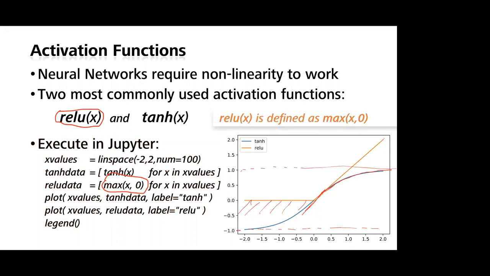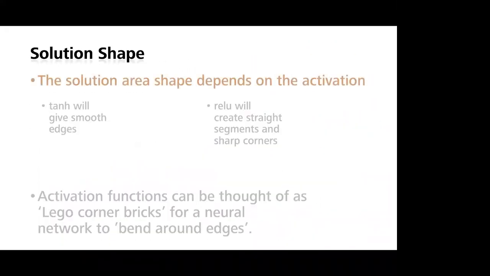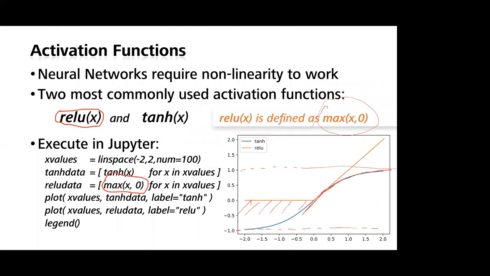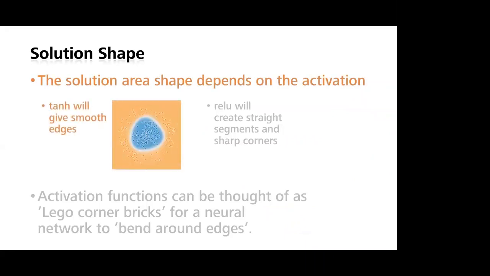ReLU, as I already mentioned, is defined this way. And the solution area shape, like what your neural network will give you as a solution, will depend on the function you use. If you use tanh, which has no corners, it's very smooth, it'll give you something that looks smooth. And if you use ReLU as a function, then it'll give you something that has edges.